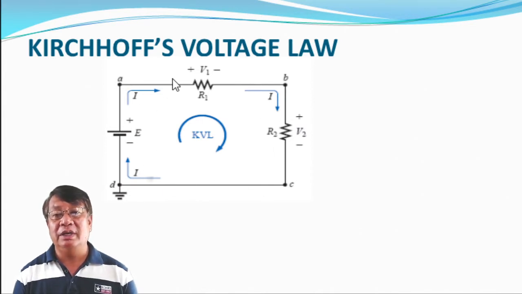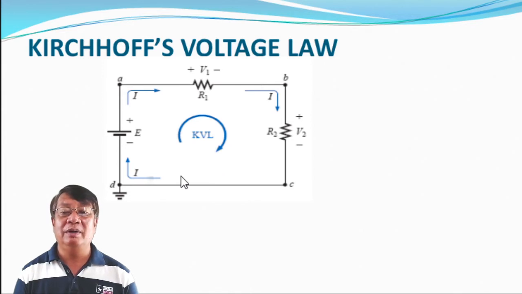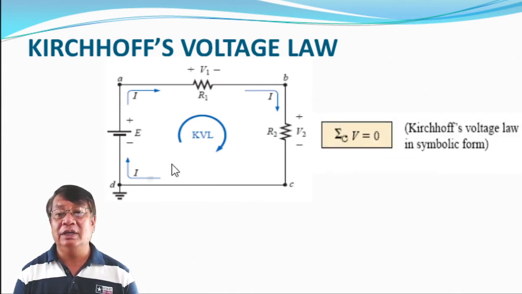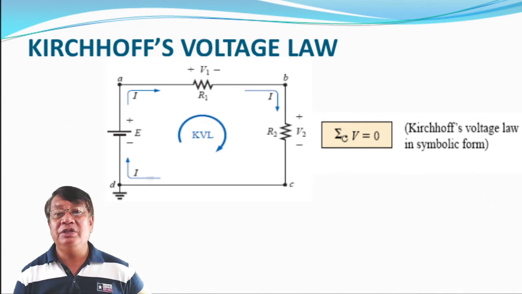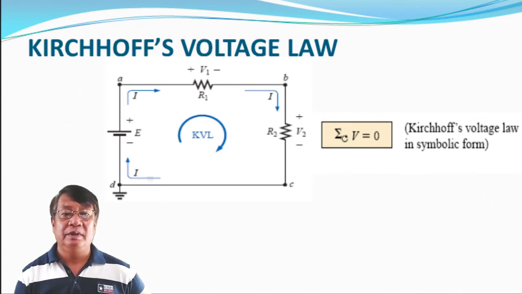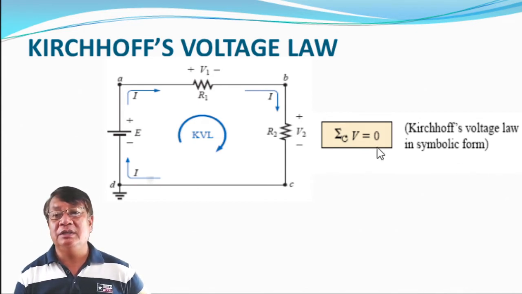With the clockwise direction, we will be able to determine Kirchhoff's voltage law, because according to Gustav Kirchhoff, the summation of the voltages in a closed loop is equal to 0.